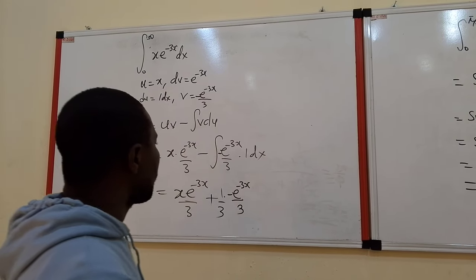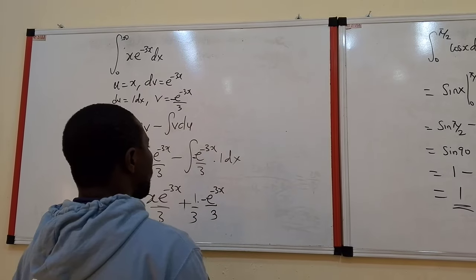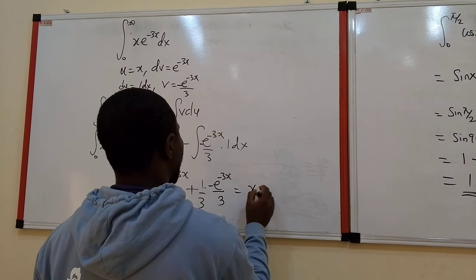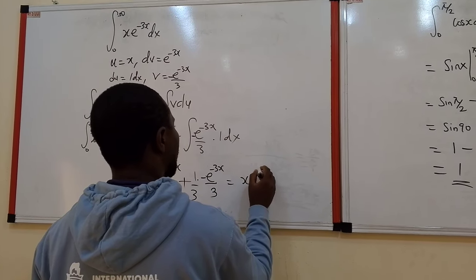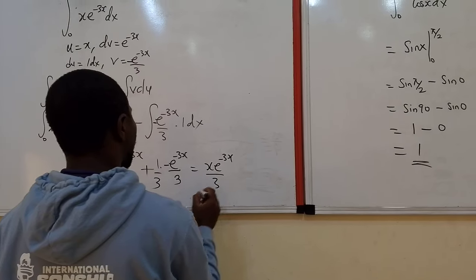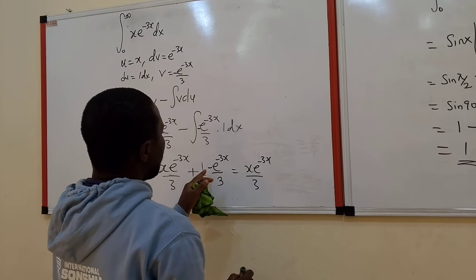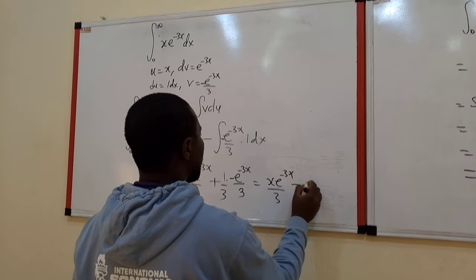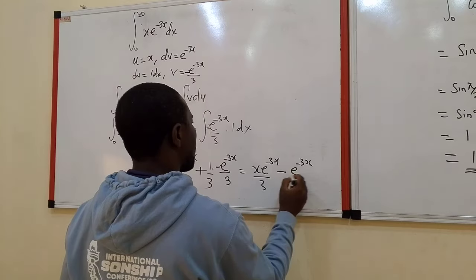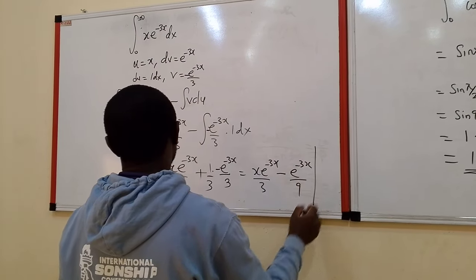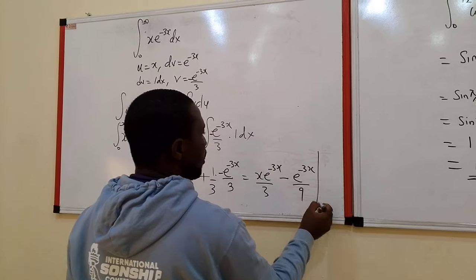This will now give me x exponential minus 3x over 3 plus 1 over 3 times minus, that will give me minus exponential minus 3x over 9. Then put the interval 0 to infinity.